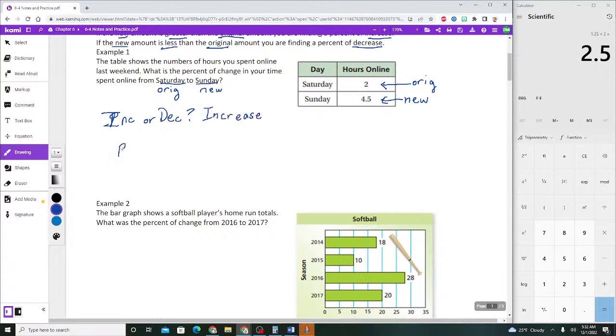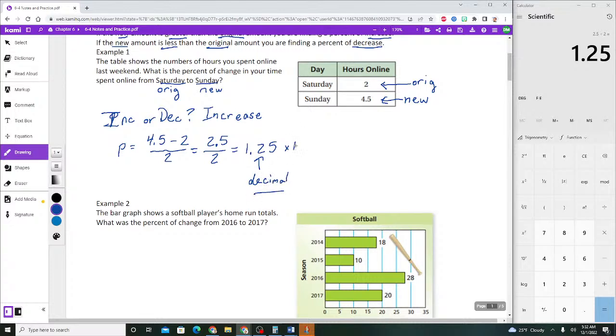Then we're going to use our formula. Percent is 4.5 minus 2, divided by 2. 4.5 minus 2 is 2.5, over 2. And then 2.5 divided by 2 is 1.25. Now this is a decimal, and we're supposed to have a percent.